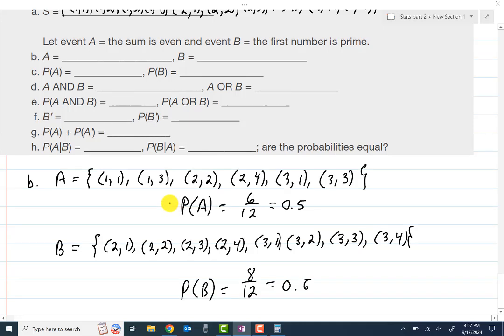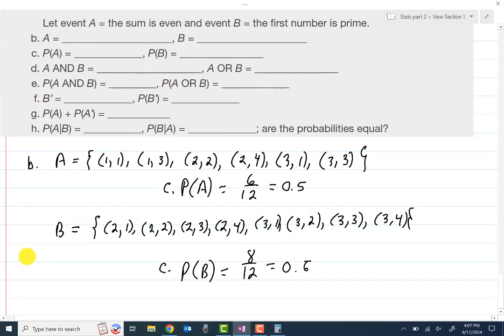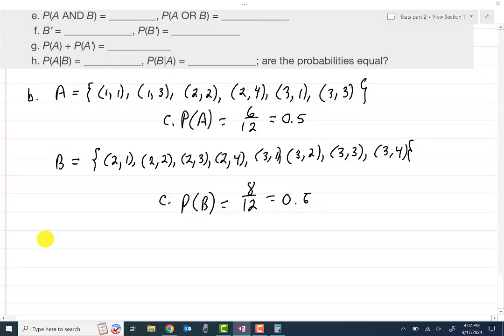So this is part C then. D is A and B, and A or B. For D, we want the items that are in A and B, the items they share in common. Easiest way, I think, is to go through the items of A and just check which ones also happen to be in B. I know that anything that starts with a 1 is not going to be in B, so that takes care of that.